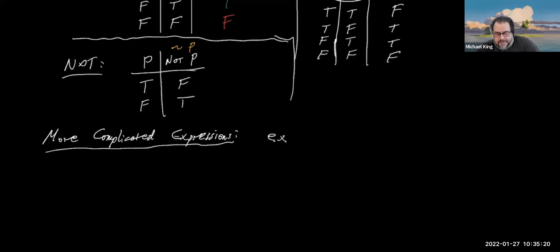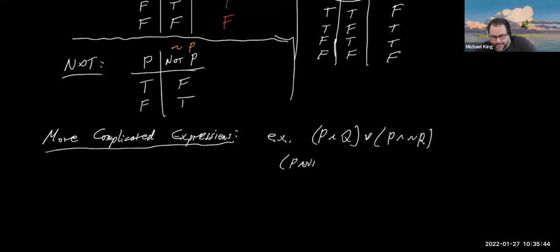say we had P, Q, and R as three different statements. What if we wanted to do something like P and Q, or P and not R? I just violated my thing and used the symbols instead of the words.